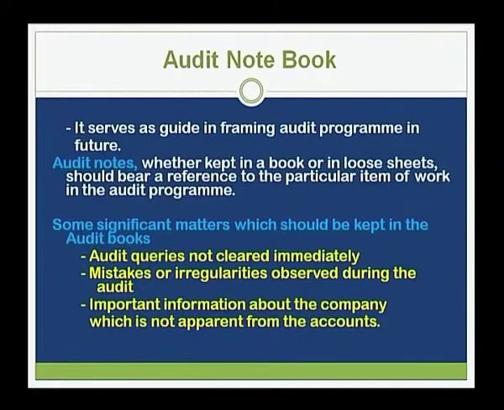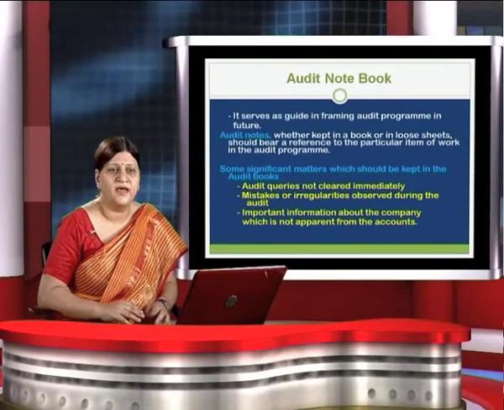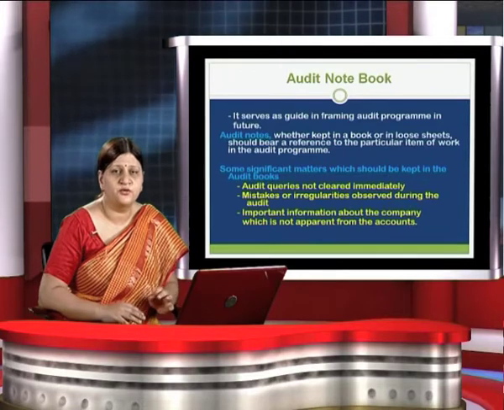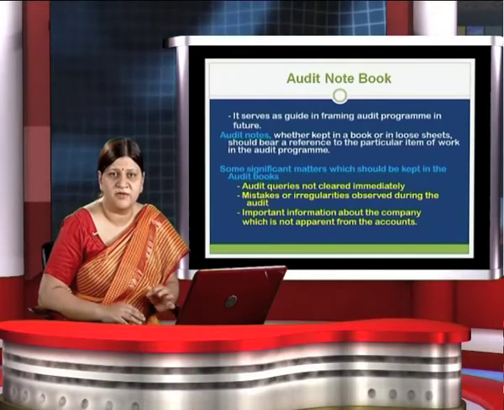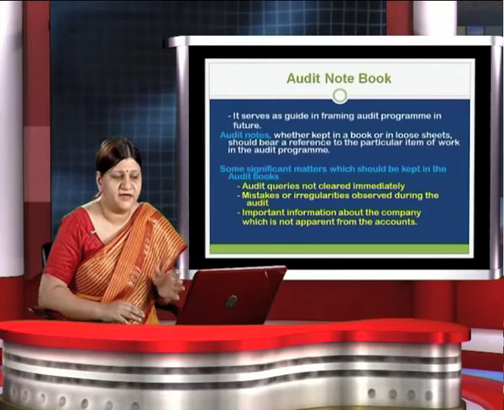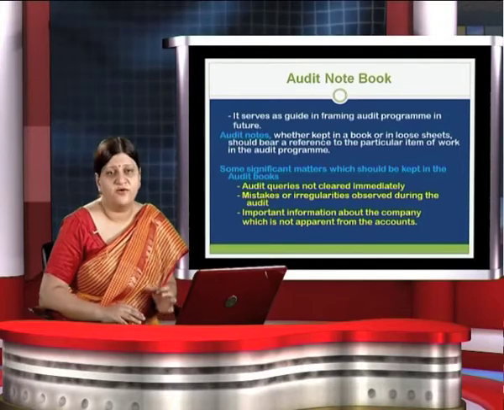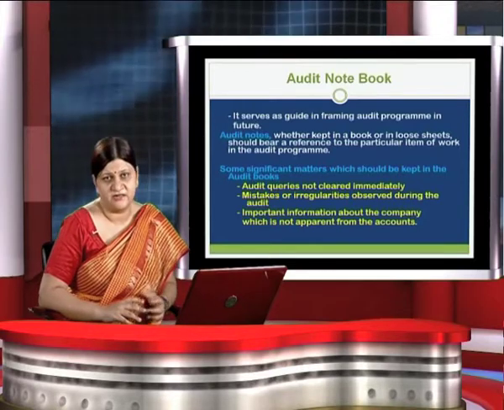Audit notes, whether kept in a book or in loose sheets, should bear a reference to the particular item of work in the audit program. So, we will mark the audit program as note 1, and under audit notes we will write note 1 in relation to the audit program number such and such and write the detail of that program. For example, the opening and closing balances are to be verified.